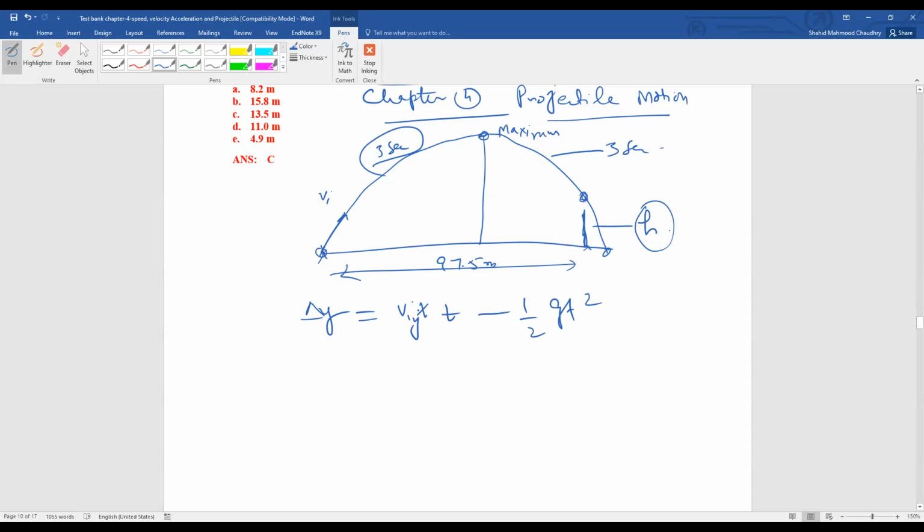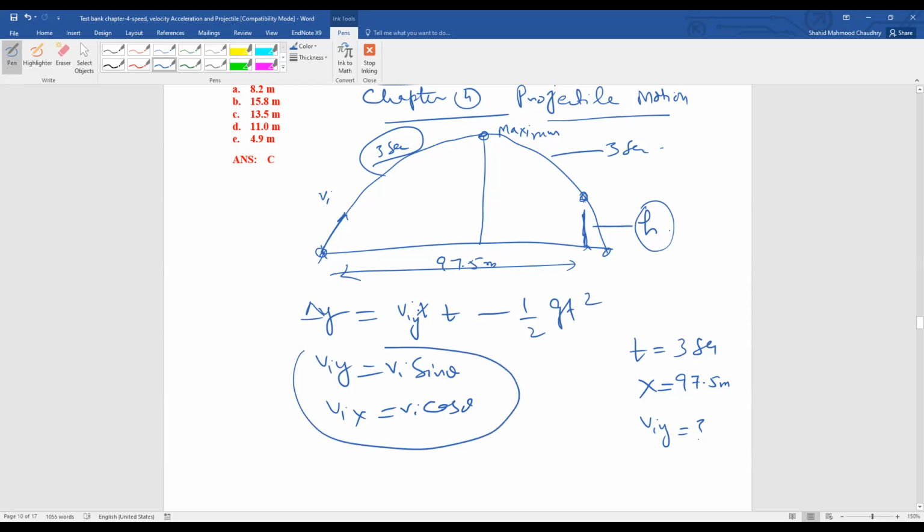But here in this data, we have the time, 3 seconds, and this x distance, 97.5 meters. So we need vi y actually. You remember that vi y is equal to vi sine theta, and vi x is equal to vi cos theta.